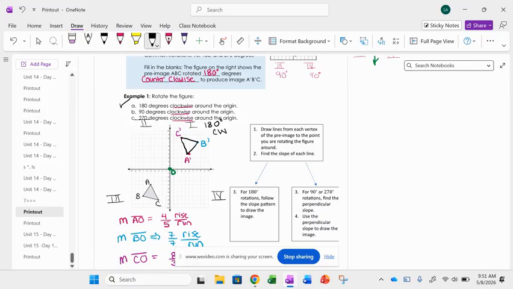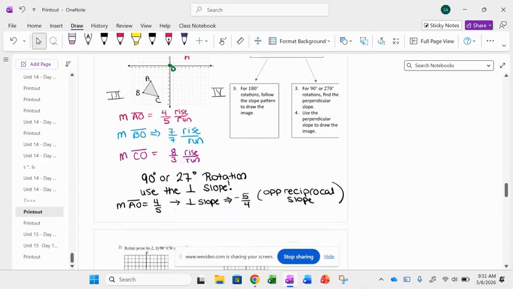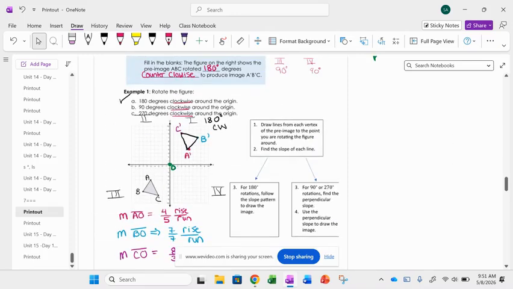So start at your center of rotation. So I'm going to start at O. And now this time, I know I have to end up in quadrant 2, and I know my slope is -5/4. So that means I have to go up 5, but now in order to end up in quadrant 2, don't I have to go left 4?